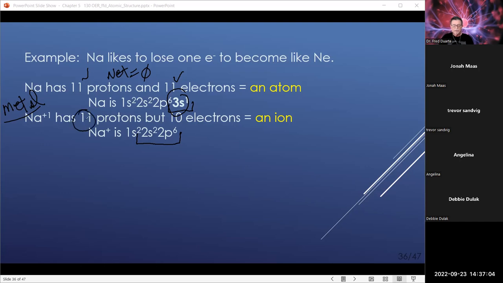It still has 11 protons, but now it has 10 electrons where it started off as the atom with 11. That results in having 11 positives, 10 negatives. My net charge now is a +1. So this is the ion that is generated. Okay, not to be confused with the element, which has a 0 charge. Two different moieties here, two different species. Okay, the ion has a plus charge. The atom has a net 0 charge.